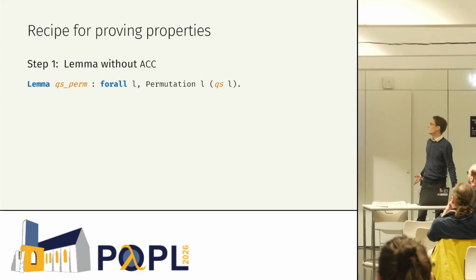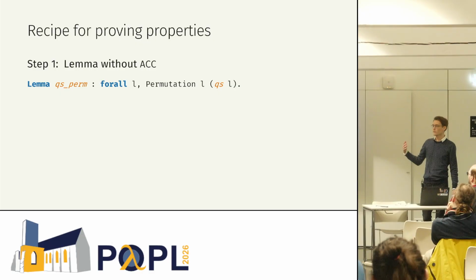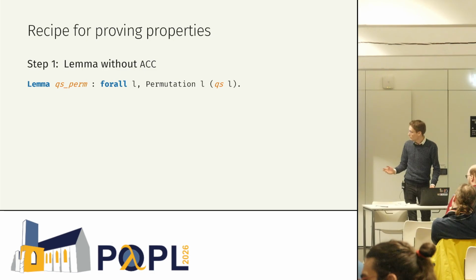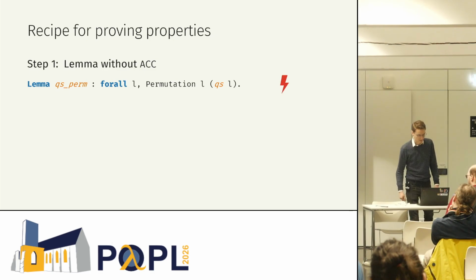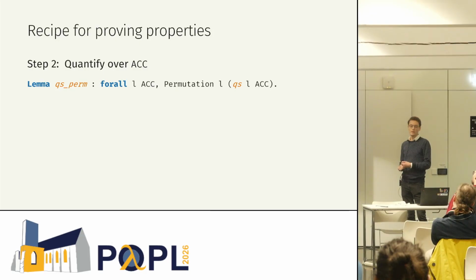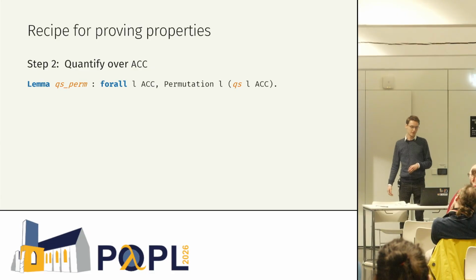So first, very simply, state the lemma you would like to prove. In this case, the sorted list contains exactly the same elements as the original list. This is, of course, not valid because the Rocq import is missing, so we add it. A small detail here: in the proof, you would like the induction hypothesis to be general over the accessibility, so it's easiest to add it last in the quantification.